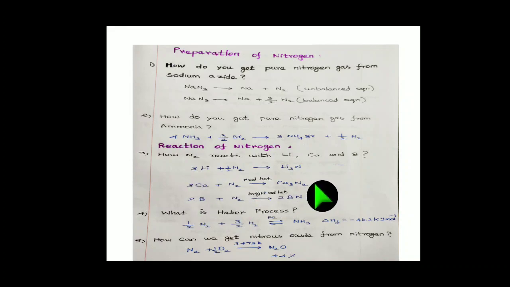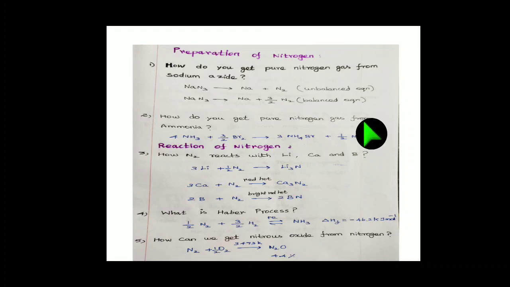Next equation, right side calcium 3, nitrogen 2, so I give 3 calcium and 2 nitrogen as it is. In the third equation, nitrogen 2, that's why on the right side I put 2. After putting the 2, boron also 2, so 2 boron.